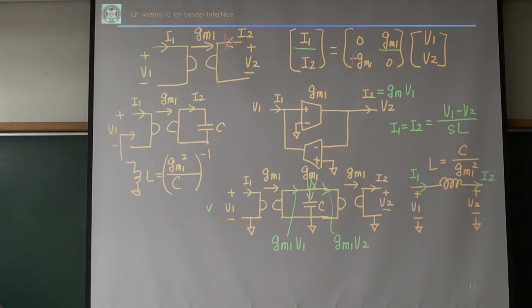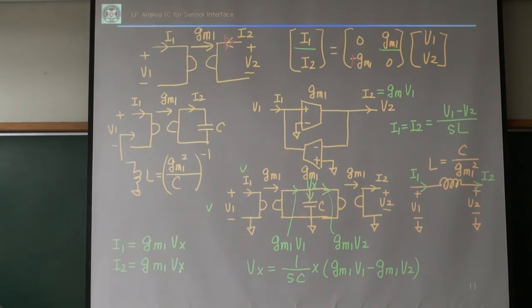What's Vx? My Vx is just 1 over SC times the current. The current is only GM1 V1 minus GM1 V2. Then what's I1? My I1 is just GM1 Vx, right? And my I2 is GM1 Vx, right?